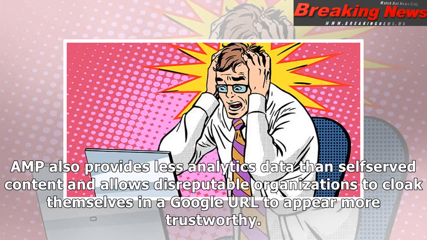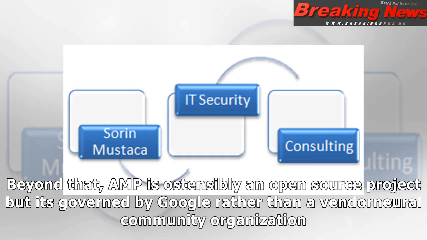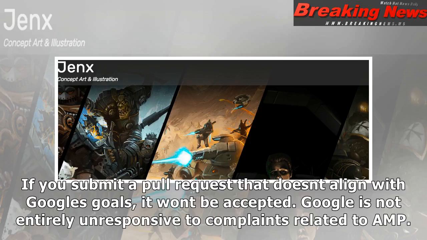AMP also provides less analytics data than self-served content and allows disreputable organizations to cloak themselves in a Google URL to appear more trustworthy. Beyond that, AMP is ostensibly an open-source project, but it's governed by Google rather than a vendor-neutral community organization. If you submit a pull request that doesn't align with Google's goals, it won't be accepted.